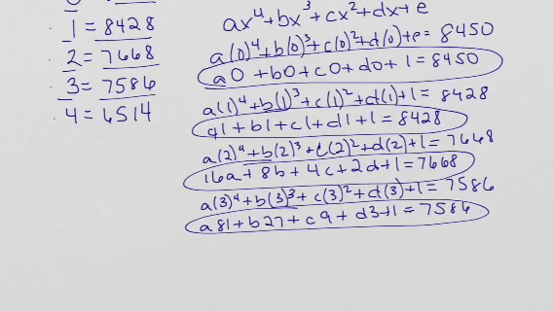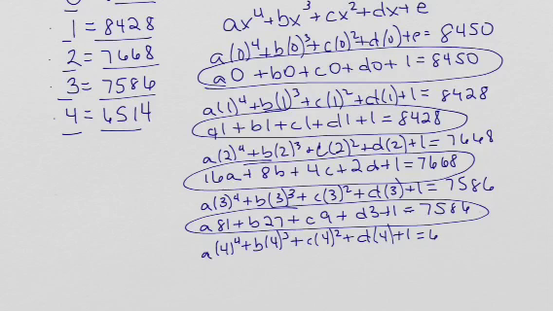And the last equation is a times 4 to the 4th plus b times 4 cubed plus c times 4 squared plus d times 4 plus 1. Put in 4, I get out 6514.